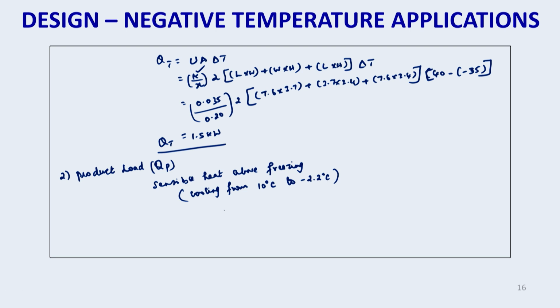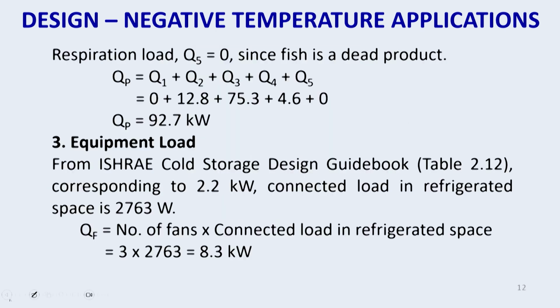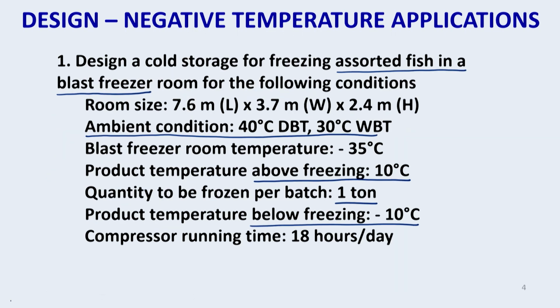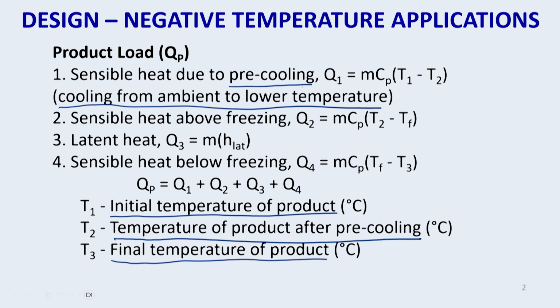So Q2 is equal to, I am using the notations which I explained in the first slide. Q1 is the sensible heat due to pre-cooling, from T1 to T2. But now we are calculating sensible heat above freezing, so it will be Q2, Q3, Q4, and there will be one more, Q5. Q5 will be the respiration load.